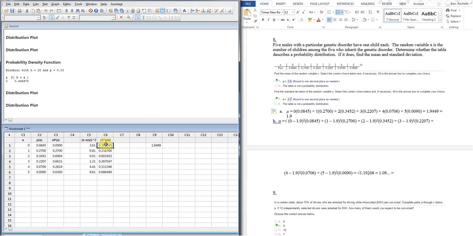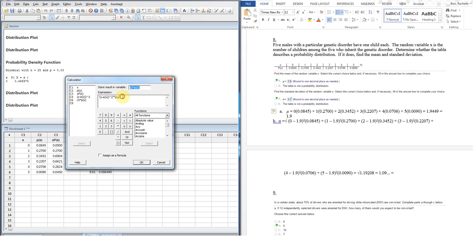So then I want to next sum this column, and then take the square root of that. So calculate, calculator. Where's their root function? Square root, the sum of my column number 6.